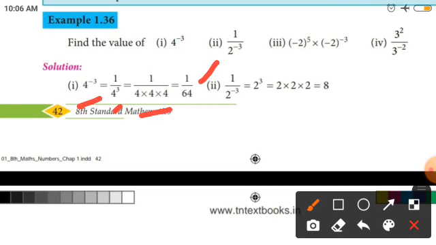Next, the second one: 1 by 2 to the power minus 3.